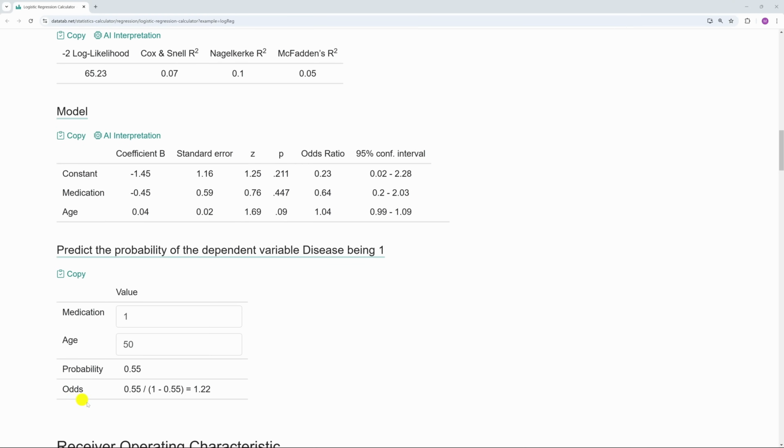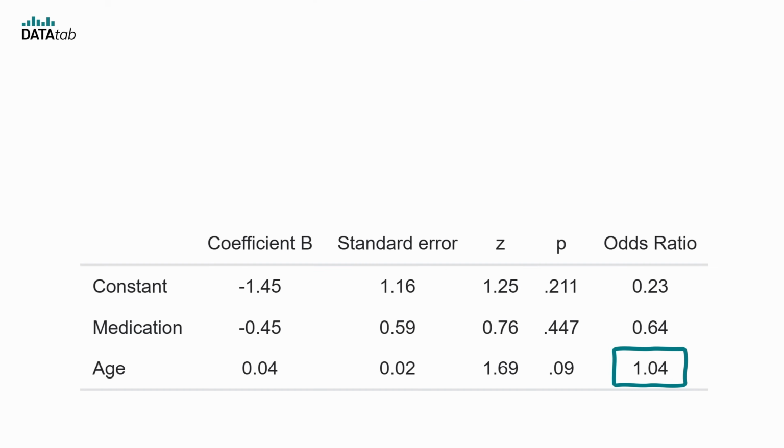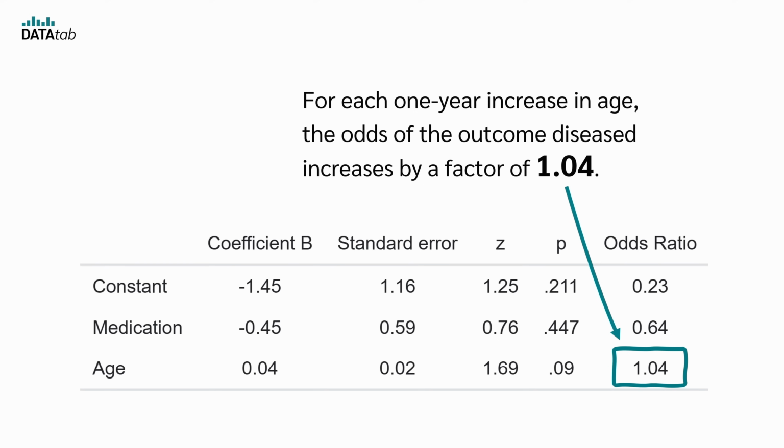In this case, we simply look at what happens when we increase age by 1 unit. For example, we might compare the odds of the outcome for someone aged 50 versus someone aged 51. This allows us to calculate the odds ratio by comparing the two odds. In this case, we get an odds ratio of 1.04. So for each 1 year increase in age, the odds of the outcome diseased increase by a factor of 1.04.